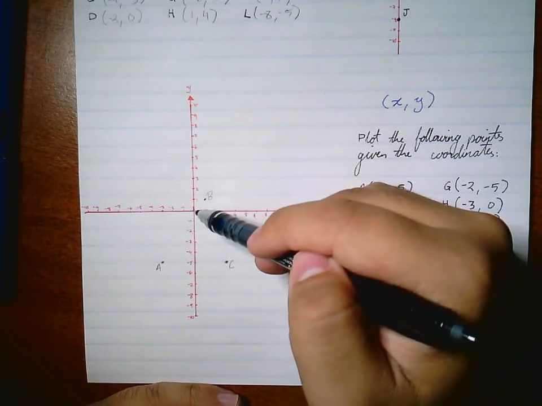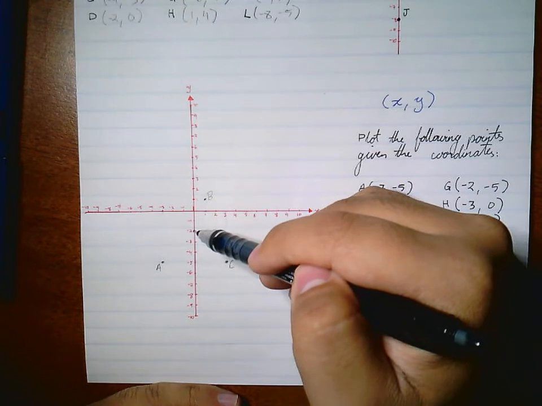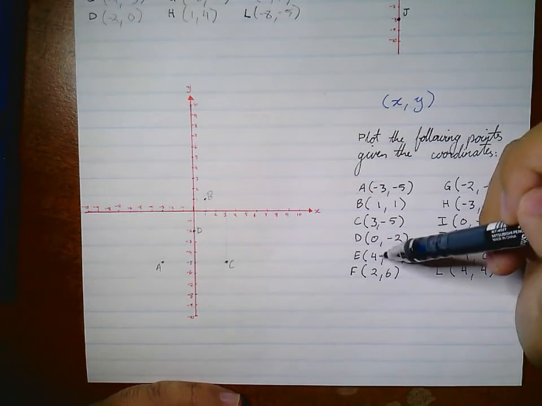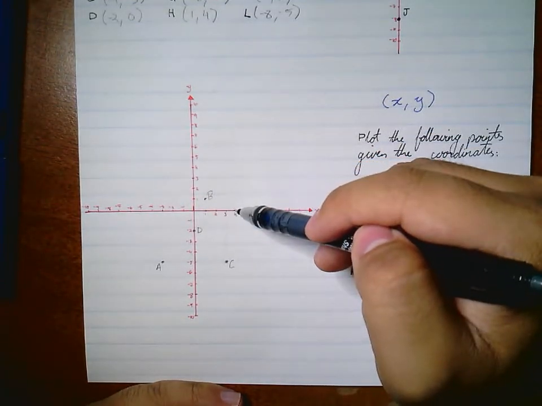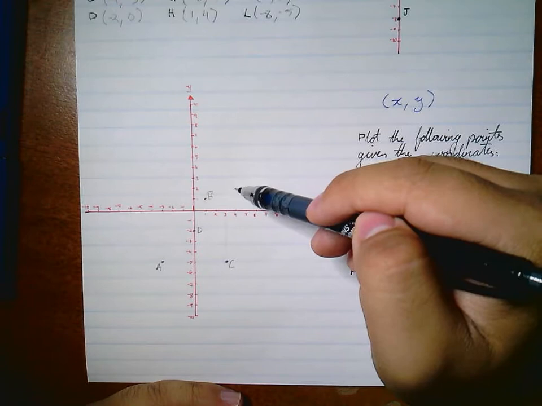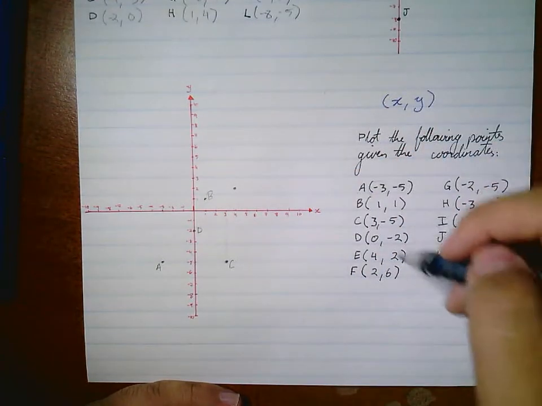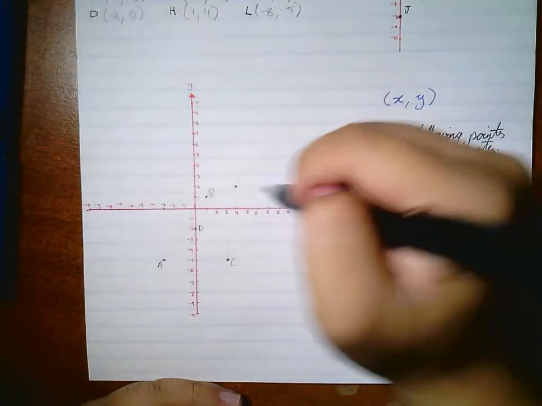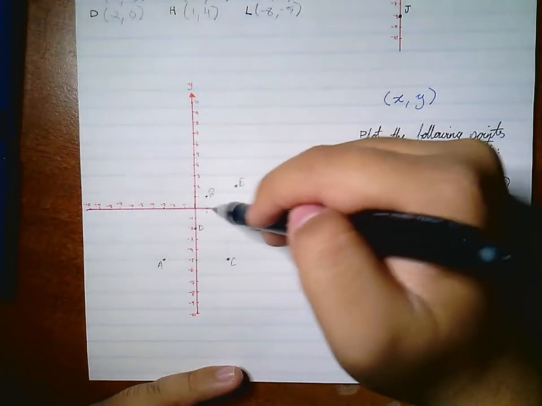It hasn't moved left or right, so we move down to negative 2. That's point D. E is 4, 2. Round about there. When you do this, please use a grid book or a ruler just to make sure you are correct. That is point E.